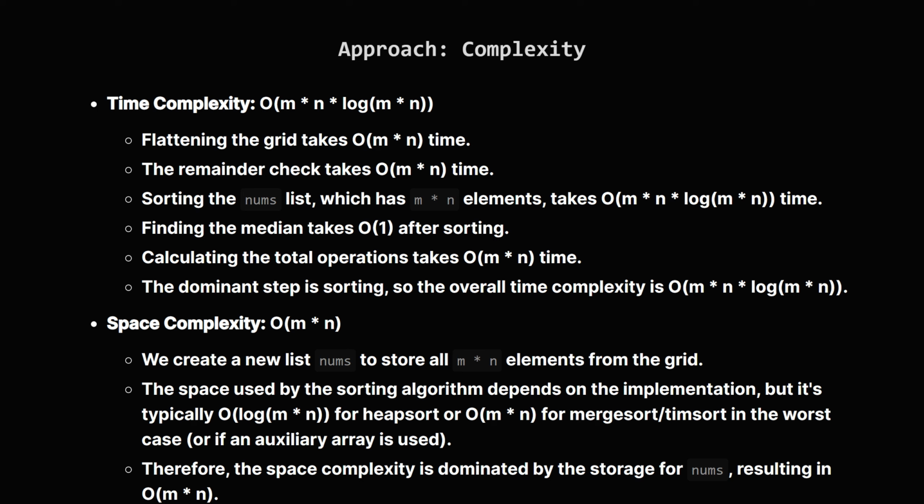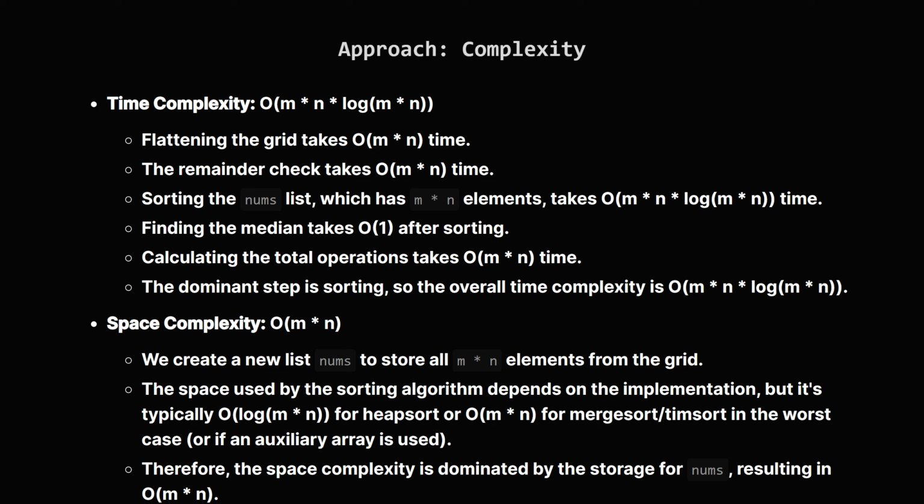Sorting the nums list, which contains m times n elements, is the most time-consuming part. Standard comparison sorts take O(n log n) time, where n is the number of elements. Here, n is m times n, so sorting takes O(m*n*log(m*n)) time. Finding the median after sorting is just accessing an element by index, which takes O(1) time.